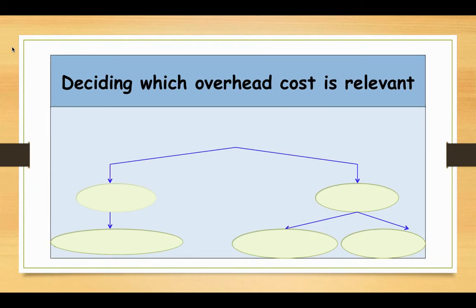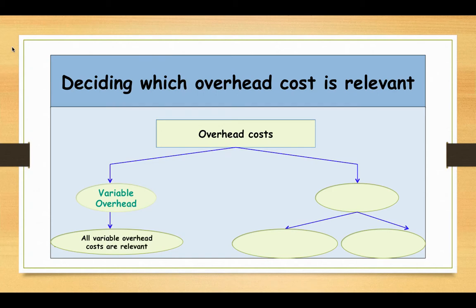When we do relevant costing calculations, we need to decide which overhead cost is relevant. First, we'll see variable overhead. All the variable overhead costs are relevant. Now we look at the fixed overheads.